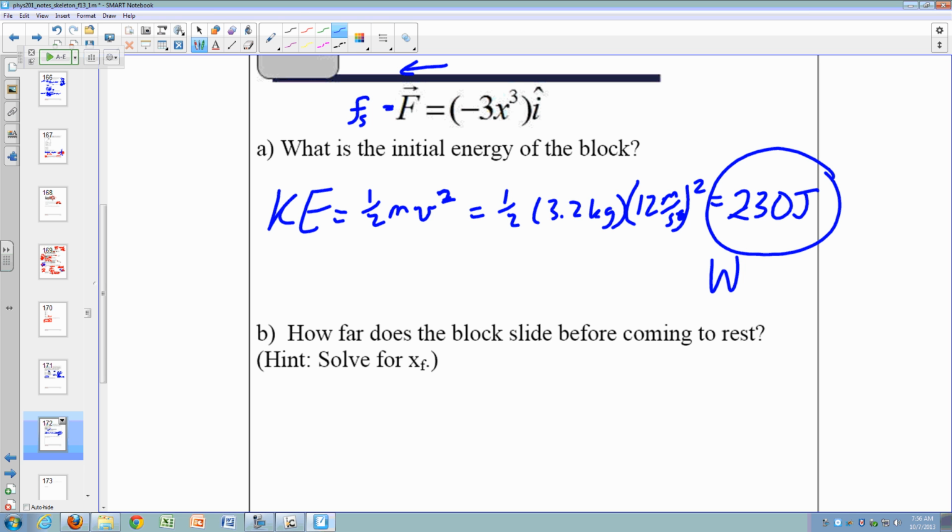All right, so what you want to do is say that our work is equal to the integral of our force times dx, and that has to equal, actually, negative 230 joules. To try that out, you want to take the integral of that force function and solve for xf.